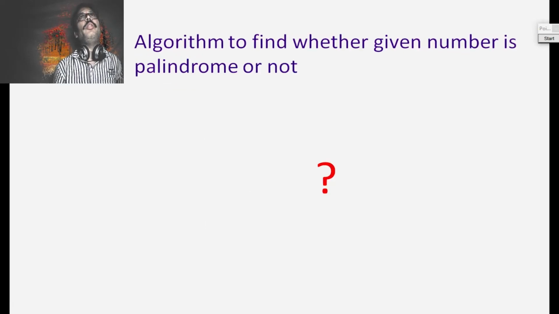The algorithm to find whether a given number is palindrome or not. How do you find out? Same logic as the previous one. But what you have to do is, you are not adding the sum, you are actually reversing the number. For that, first store the number in a temporary variable, and then reverse it. Reverse means a product.